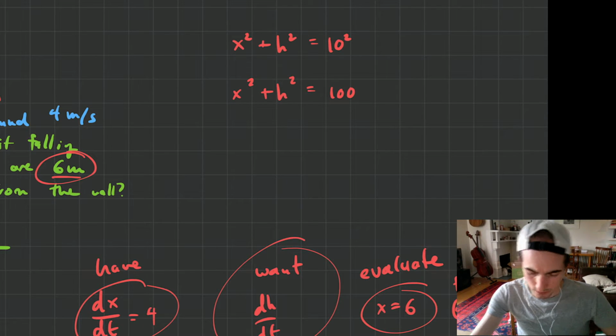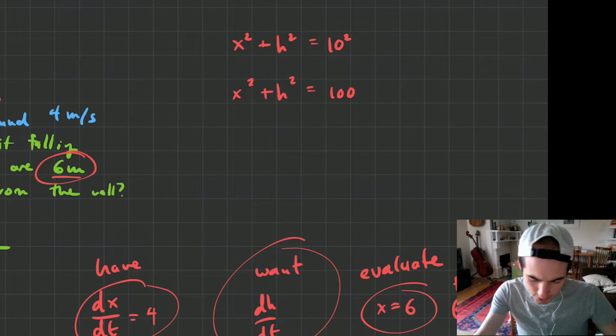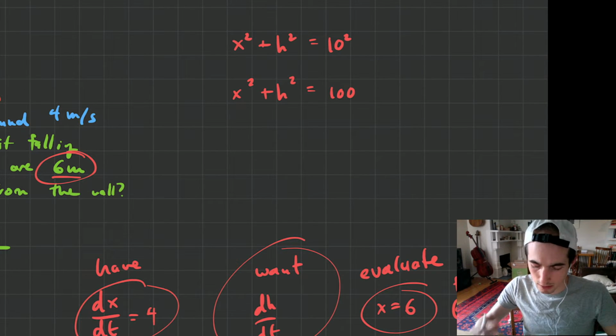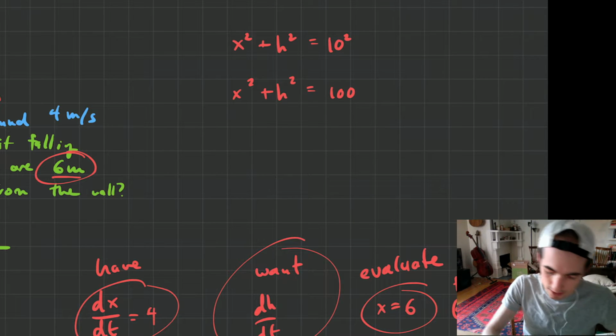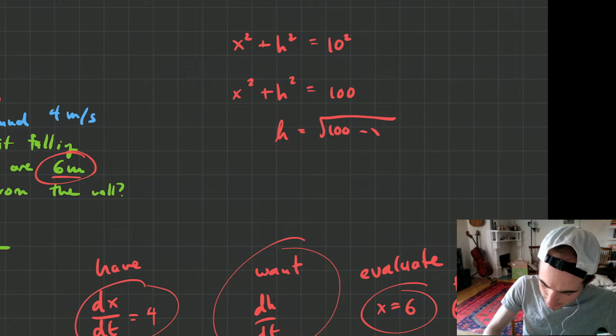Okie dokie. So let's start by solving for h, because that's the focus of this equation; we're most concerned about h. I know that h is equal to the square root of 100 minus x squared.